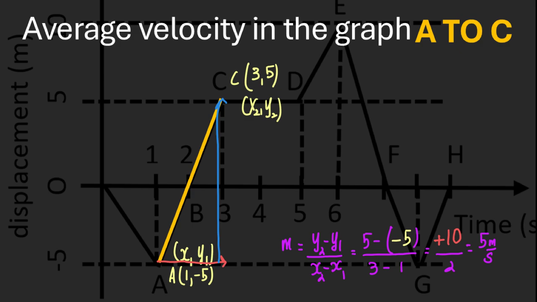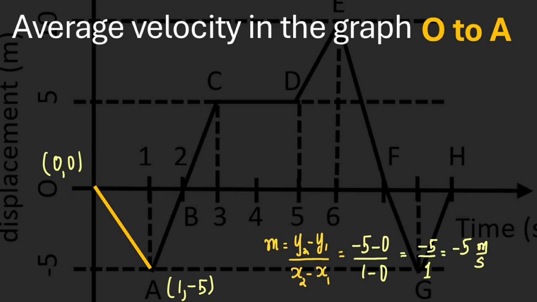Okay. Let's do one more. Along OA, which is x1, y1, O, 0, 0, x2, y2 as 1, comma, minus 5. Now in this, m is equal to y2 minus y1. And how do we plot the graph?